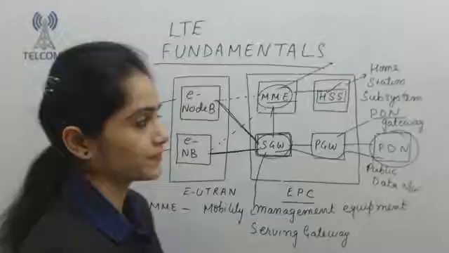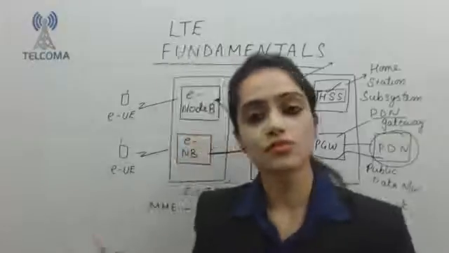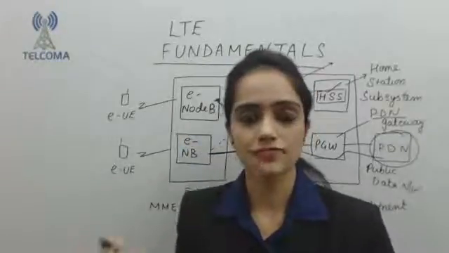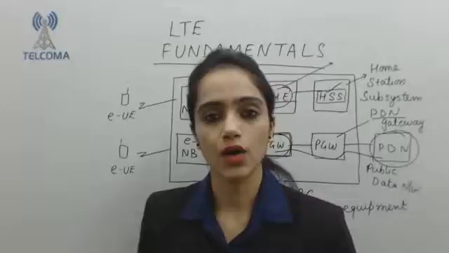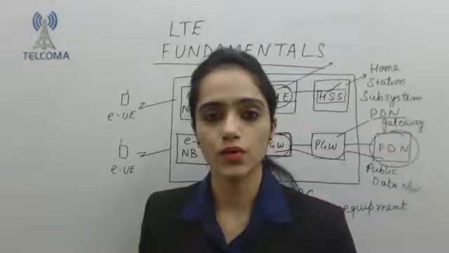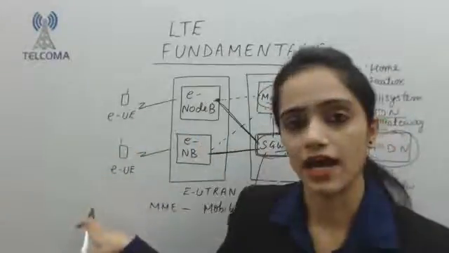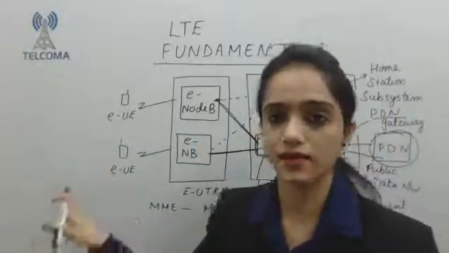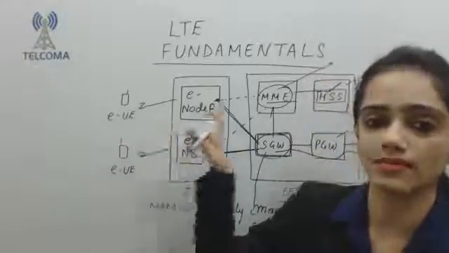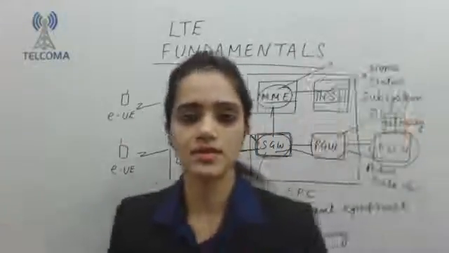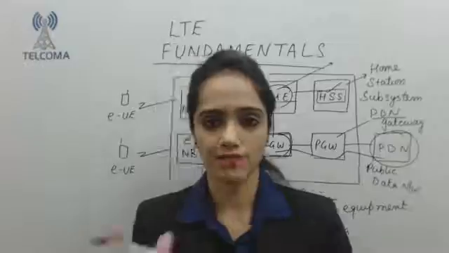Now coming to handovers, as a main requirement is high mobility. That means the user is moving, so it requires faster handovers. Now the faster handover decision is with eNode B. eNode B knows where to give a handover, and it will give it. After giving the handover, eNode B has to inform MME, because MME is there for location updation.